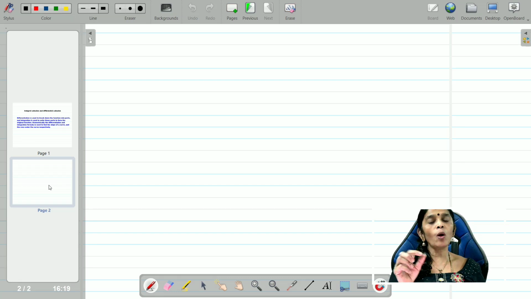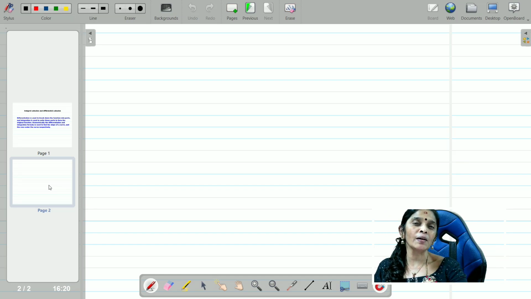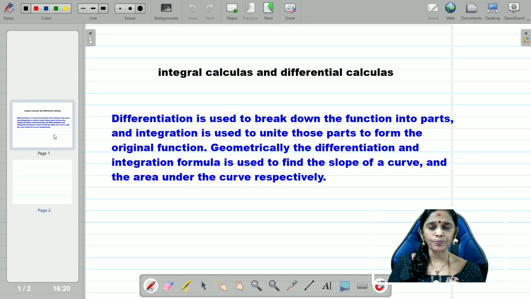In order to calculate the velocity at that particular instant of time, we use a calculus method to get the answer very easily. Therefore, there is an urge for us to learn about integral and differential calculus.